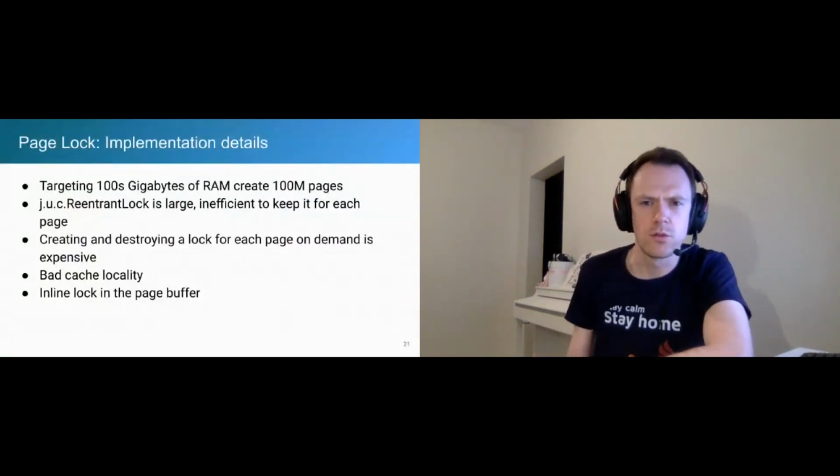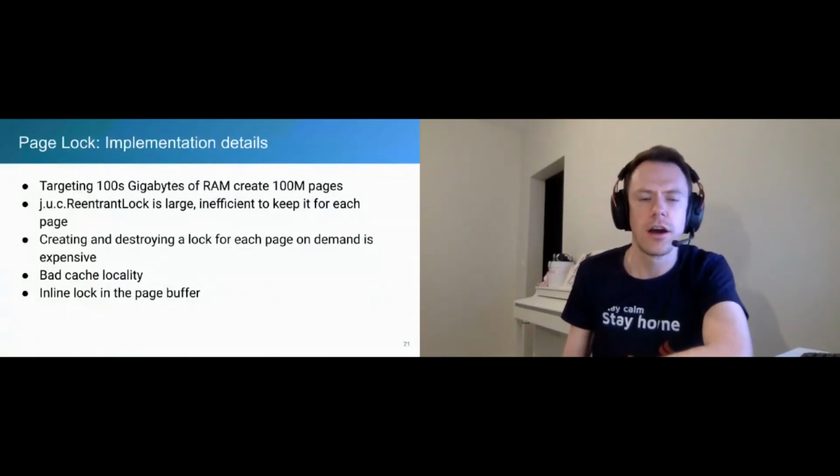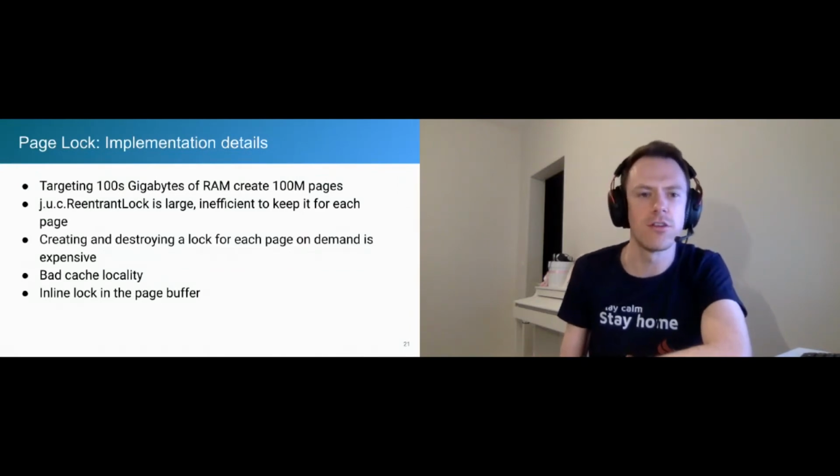So the first thing that we faced when we started implementing this architecture was a question of what should be this read-write log that is protecting each page.